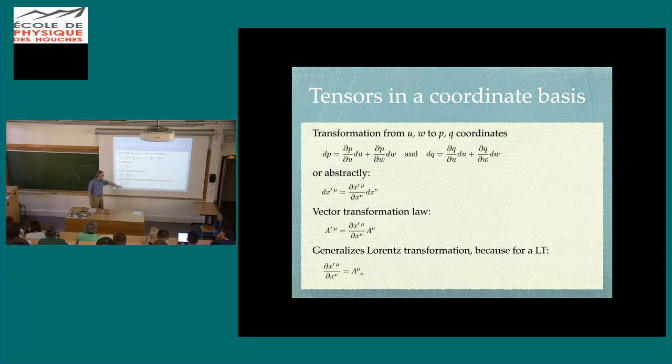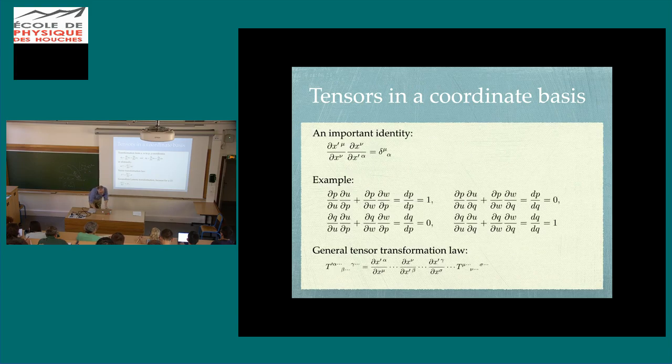And this just generalizes what we did before, because if you were to take the Lorentz transformation equation and take all those partial derivatives of x prime as a function of t and x and y and z, you get the components of the Lorentz transformation. So this is a generalization of that idea.